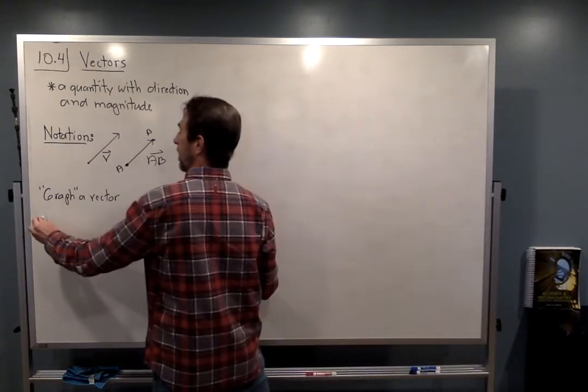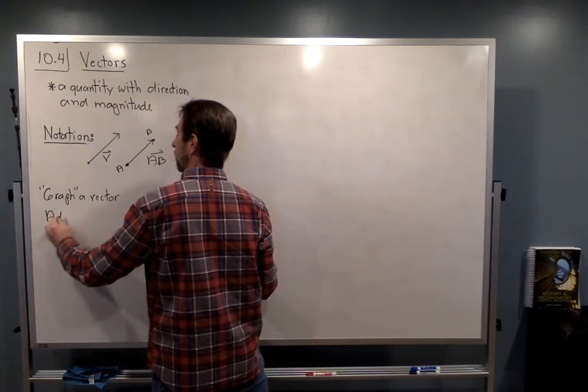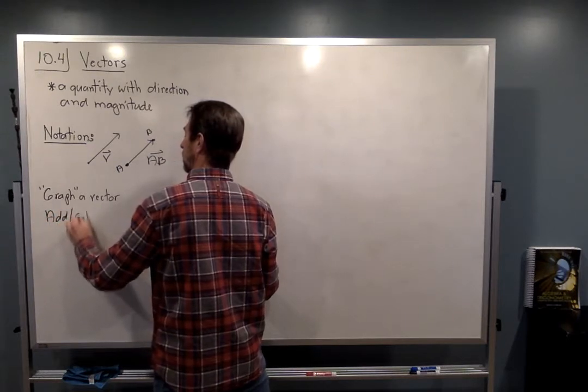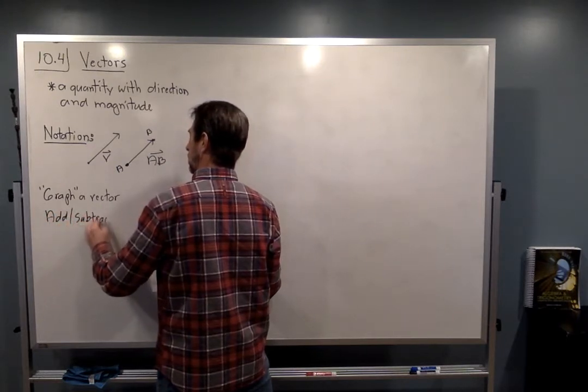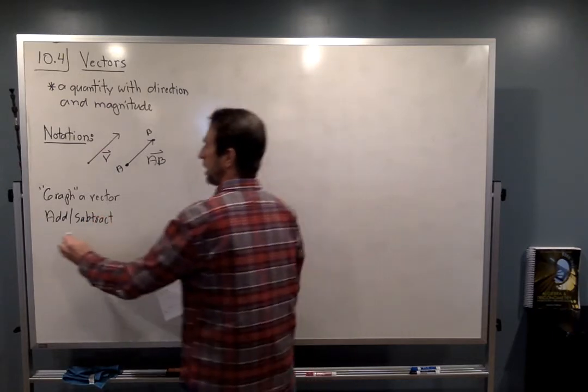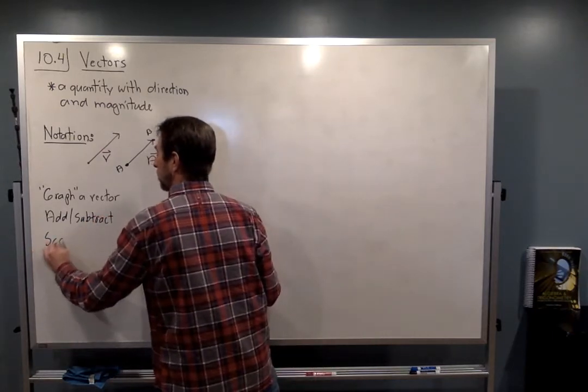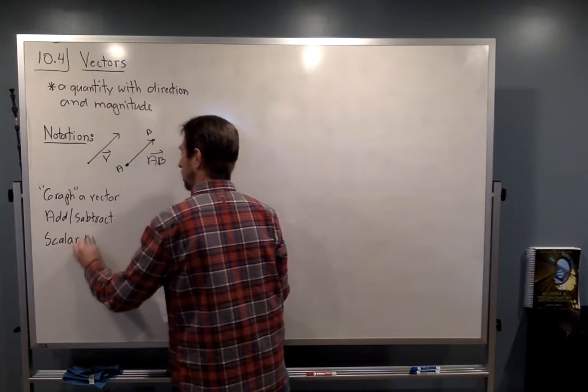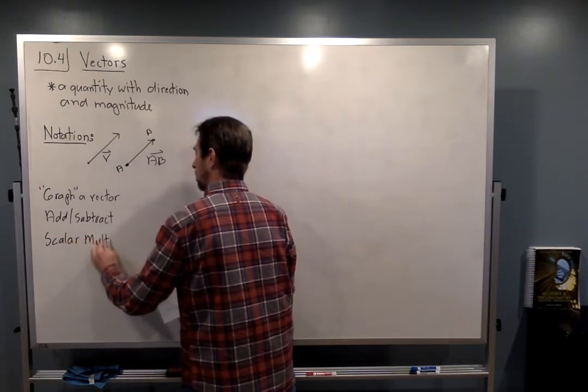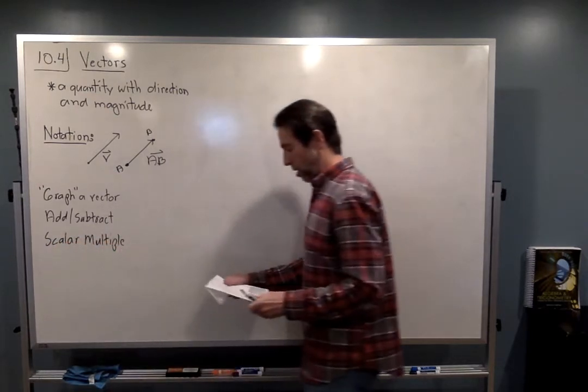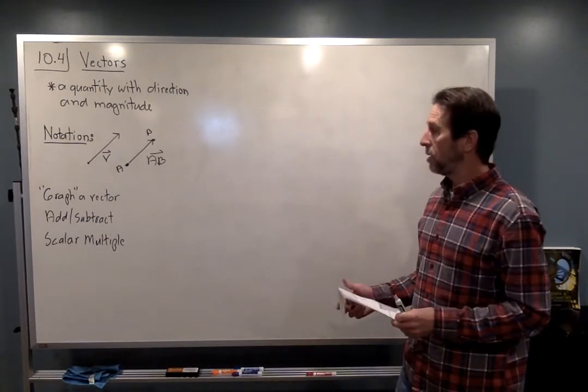Another thing we might do with vectors is add or subtract vectors. Another thing would involve what we might call a scalar multiple. And we'll talk about some of these different things.